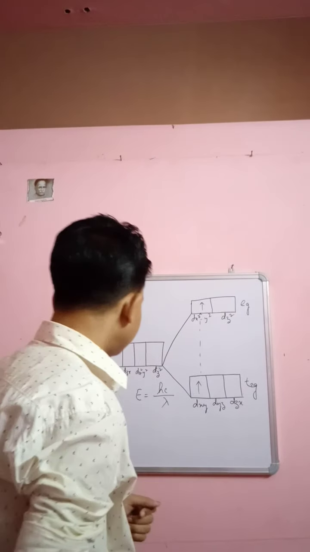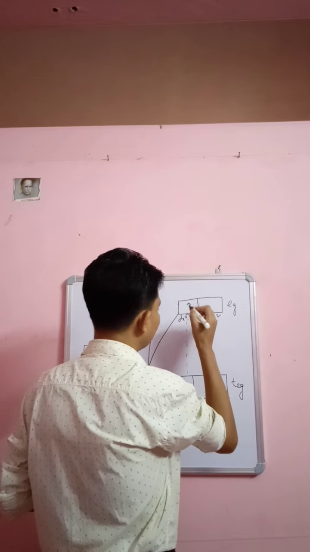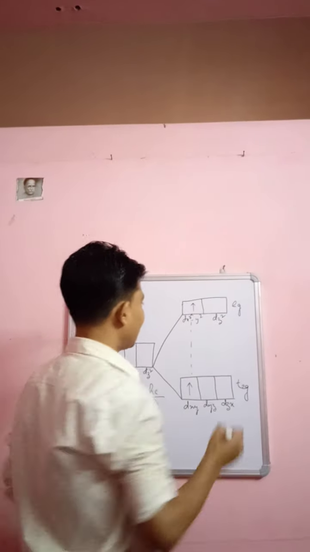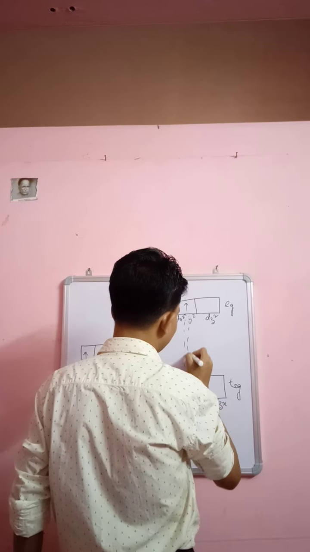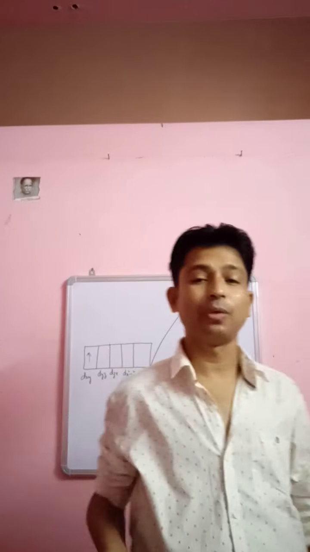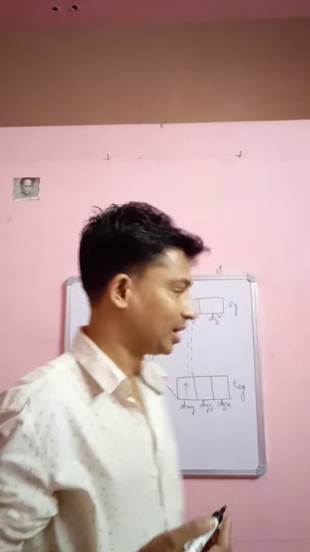But this electron is not stable there. It tries to come back to its ground state. When it comes back, it releases the energy which it had taken while going up from the T2g set to the Eg set of orbitals.